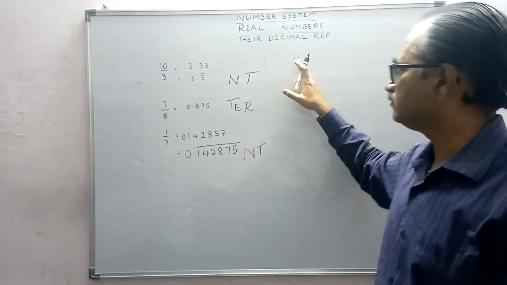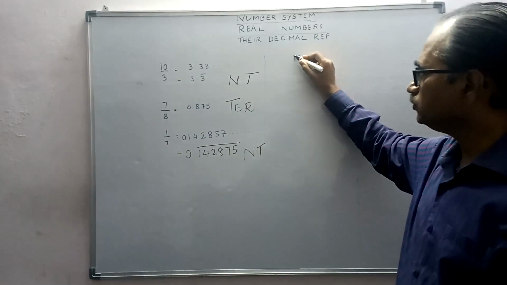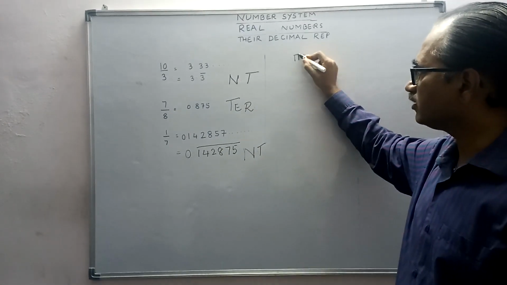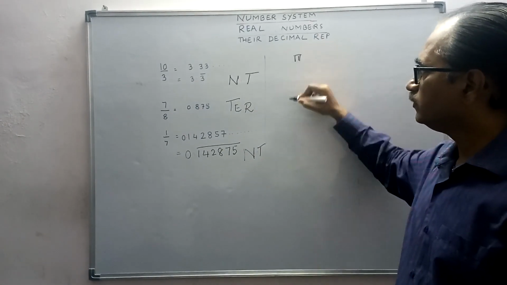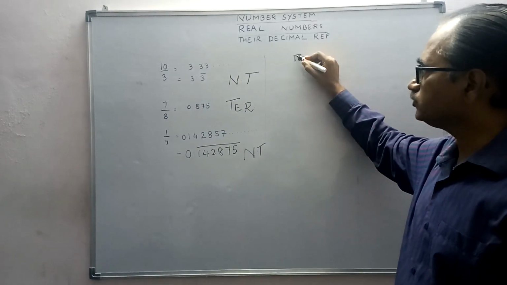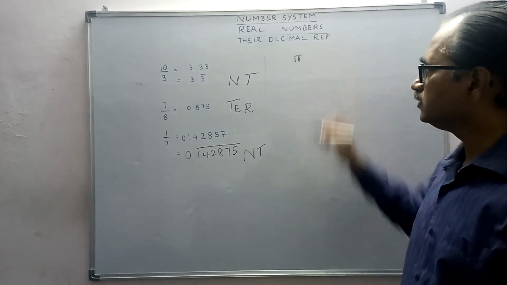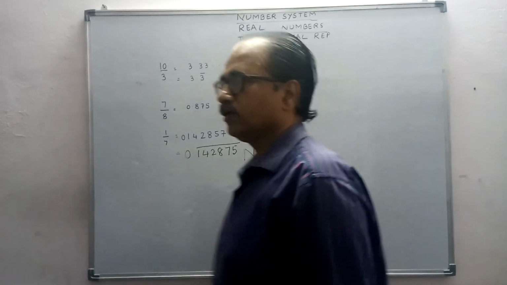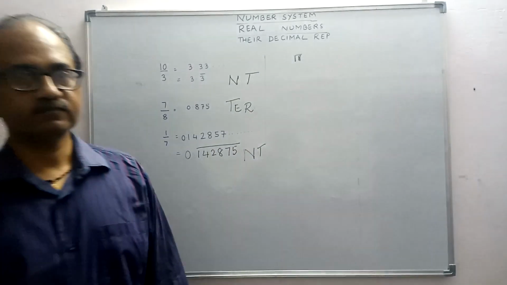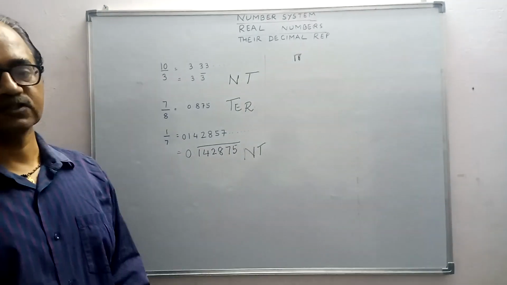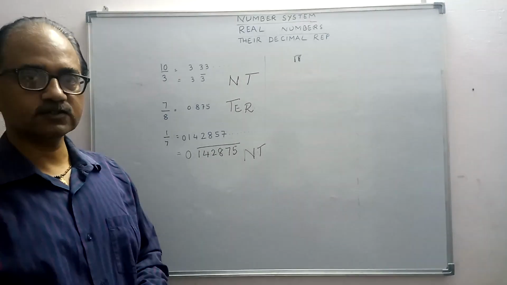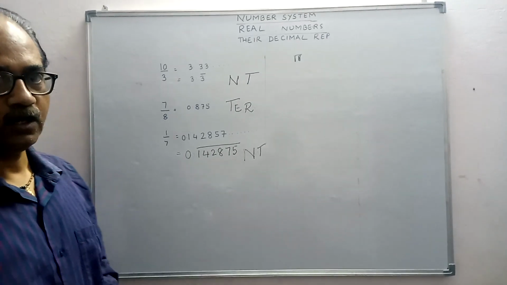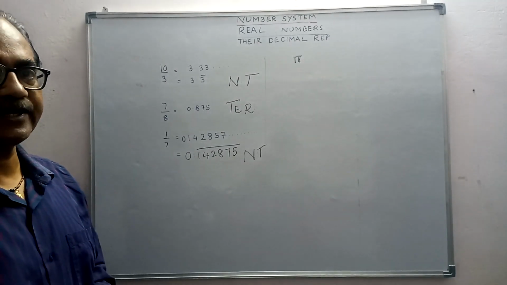Next we have pi. You know this number pi. Generally we have used this pi in geometry for calculating the area of circles. The area of circle is pi r square, and we have used the value of pi as 22/7.